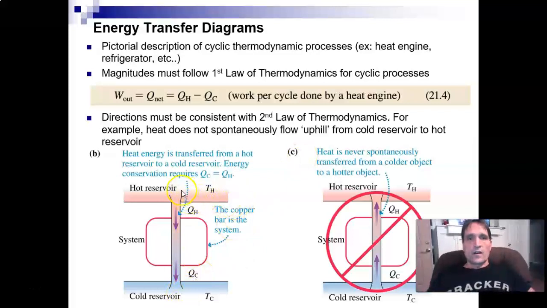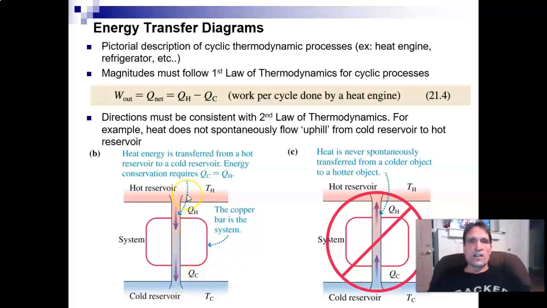We know that heat spontaneously flows from the hot reservoir to the cold reservoir. In this energy transfer diagram, we draw an arrow pointing from hot to cold, and that's the heat entering the copper bar from the hot reservoir. And we draw the arrow going toward the cold reservoir, your hand, in this direction.